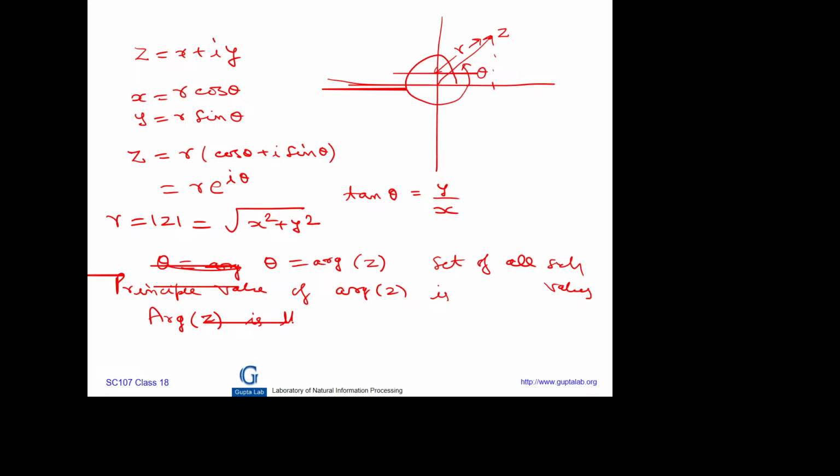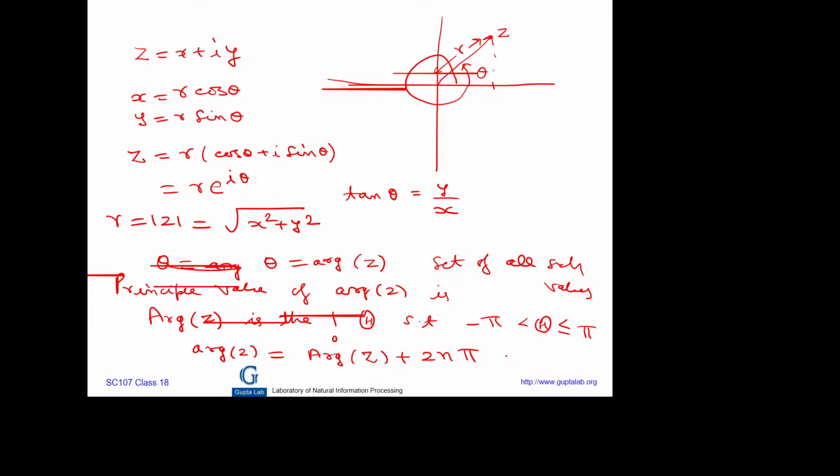Okay. So as I mentioned, because theta could be different, so I think maybe I should write it down, the argument thing also. I can say that argument of z, I can write down the expression as principal argument of z plus 2n pi, n is equal to 0 plus minus 1 plus minus 2 and so on.